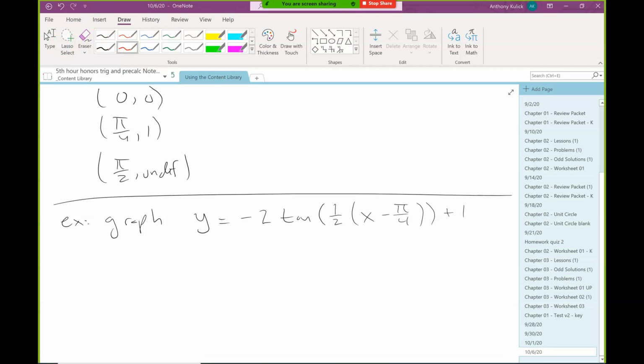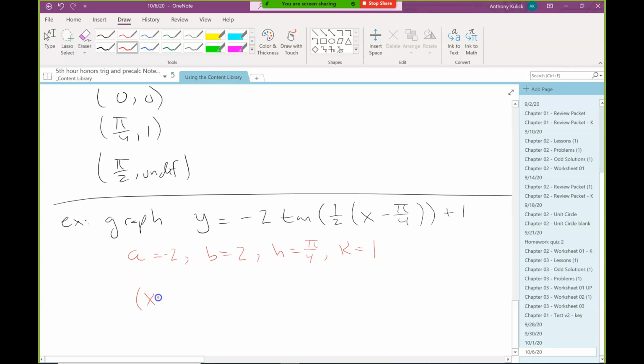I would start by listing my values for A, B, H, and K. So A is -2, B is +2, H is π/4, and K is 1. Elizabeth? Of course. Everybody's okay with how I came up with those values?